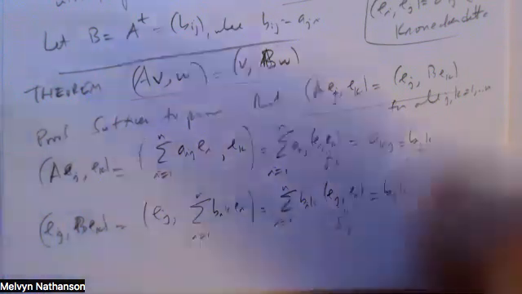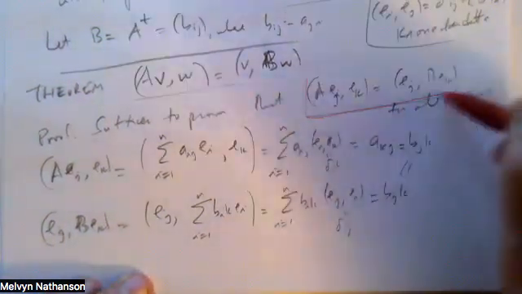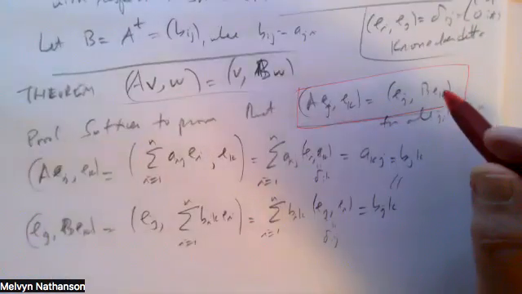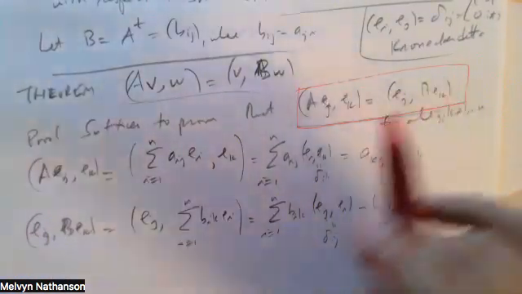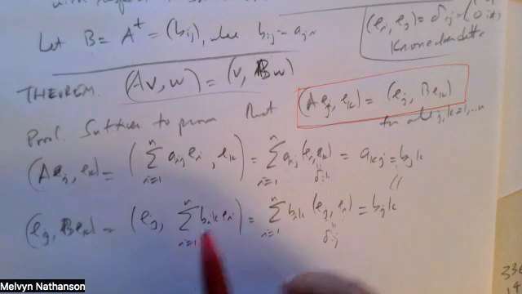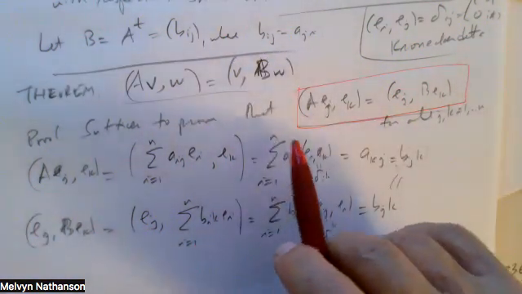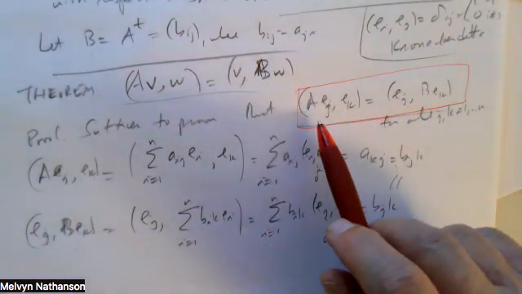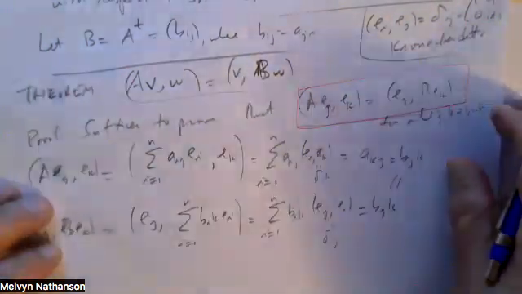So I just proved this relation on an orthonormal basis. And if you take any vectors V and W, let me actually just write this out because it's good to see every now and then.